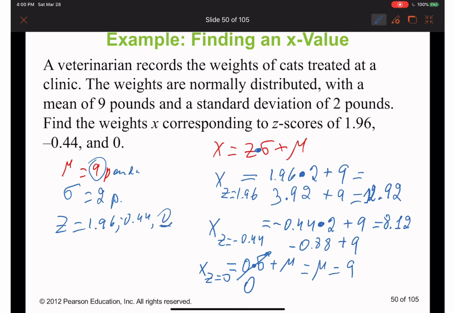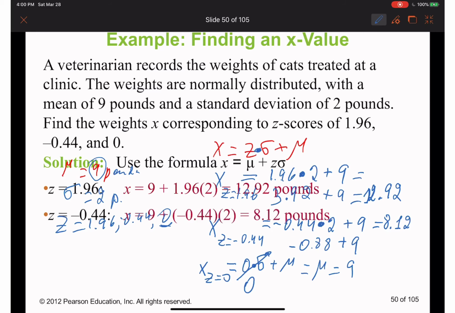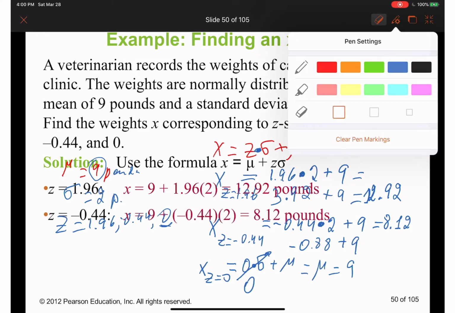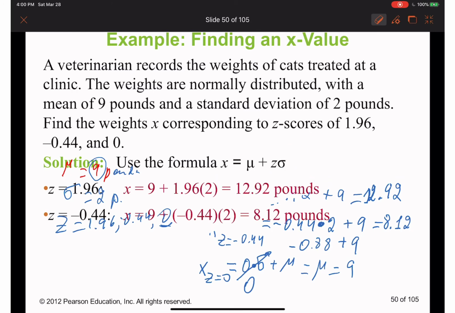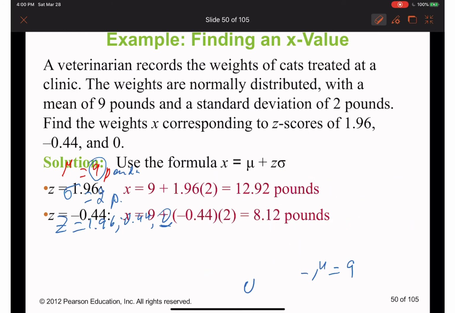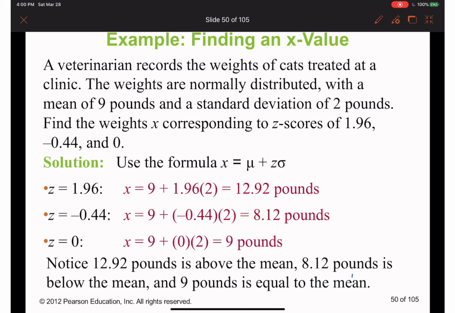That's how easy you get the answer. There we go. So 12.92 is above the mean, 8.12 is less than the mean, and z-score 0 is precisely the mean.